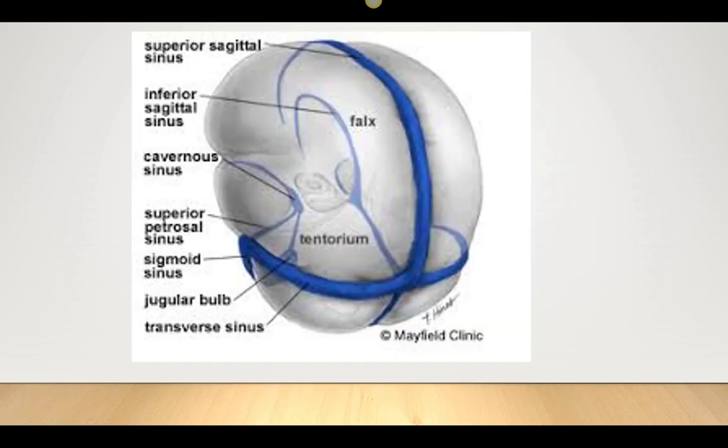So here you're looking from the back to the brain and these sinuses, and as you see you have the confluence of the sinuses here, superior sagittal sinus, occipital sinus, and the two transverse sinuses here, and a straight sinus here, and inferior sagittal sinus. Then you see the transverse sinus continues as sigmoid sinus, and that's the one that goes inside and then gets out of the skull through the jugular foramen to become the internal jugular vein.